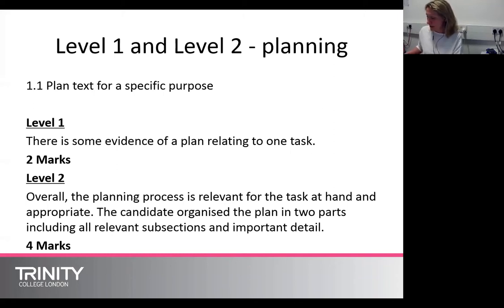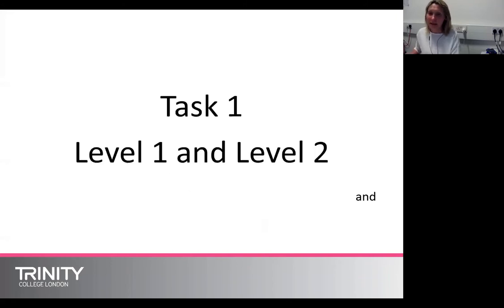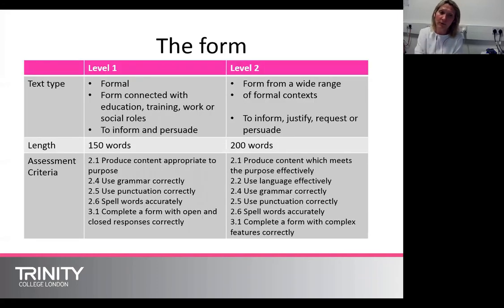So what we're going to do now is have a look at task 1 across both levels. Task 1 for both level 1 and level 2 is the form. There are different contexts. At level 1, it would be connected with education, training, work, or social roles.